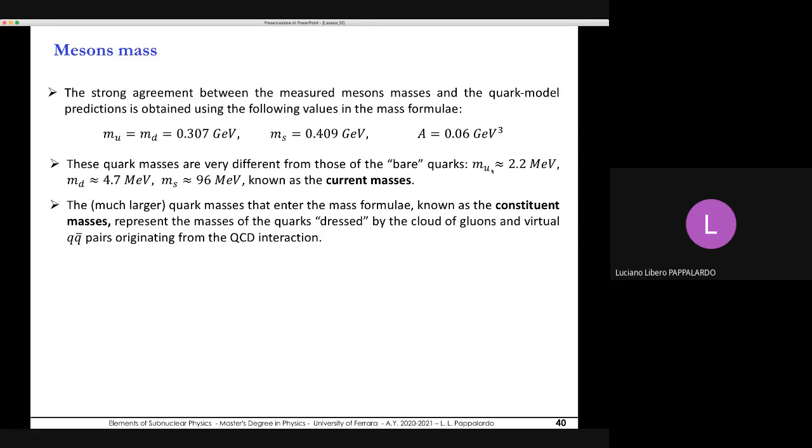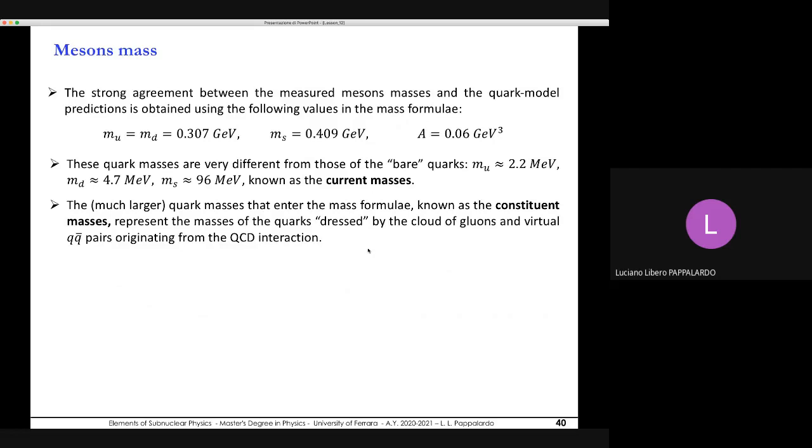Now these bare masses are also known as the current masses, whereas these dressed masses are known as the constituent masses, which are much larger. And the physical meaning is that these constituent masses actually correspond to quarks which are dressed by the cloud of gluons and the virtual quark-antiquark pairs originating from the QCD interaction.